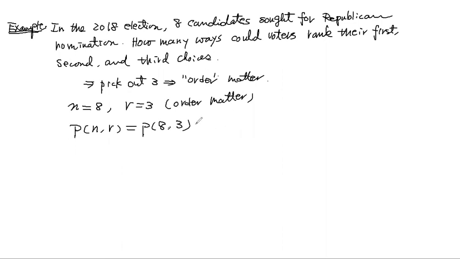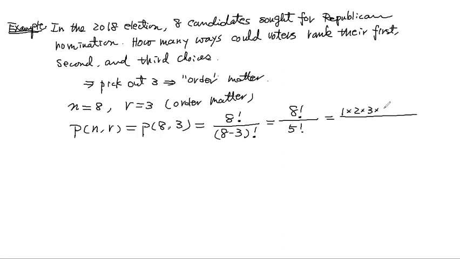Then we use our formulas here: n factorial over n minus r factorial. So this is 8 factorial over 8 minus 3 factorial, which is 5 factorial. Then the 8 factorial you can write as 1 times 2 times 3 times 4 times 5 times 6 times 7 times 8.